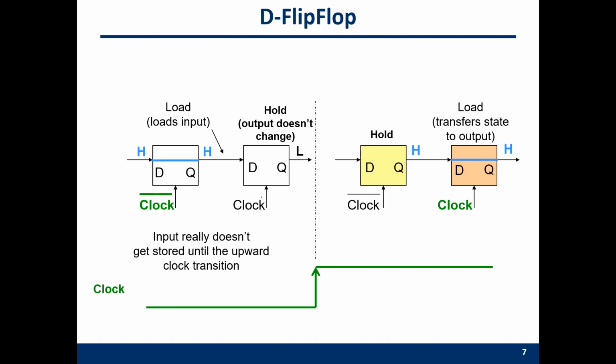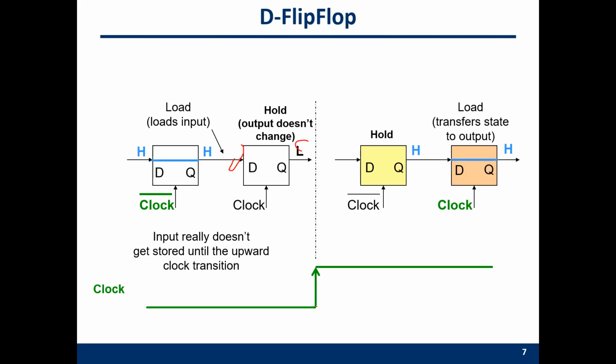One is the clock bar, the other is the clock itself. So when the clock is low, the clock bar is high. So this is a transparent D latch. This high signal will reach this part. But this is a hold state. This high cannot pass through this D latch to reach here. Eventually, the output here is still low.